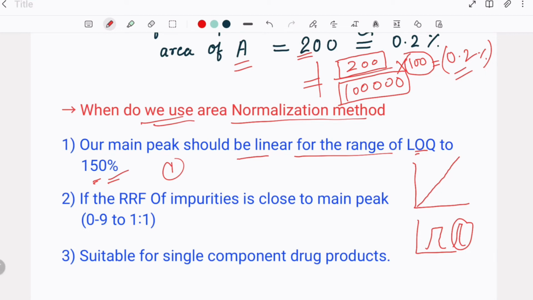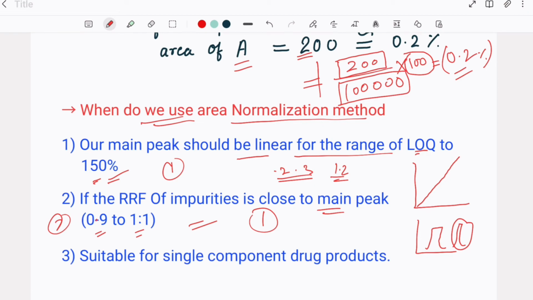The second criterion, and this is a very important one, is that the RRF of the impurities should be close to the main peak, meaning it is 0.9 to 1.1, just close to 1, then only this method is applicable. It means if there is a big difference in RRF, suppose we are getting 0.2, 0.3, 1.2, then it is difficult to determine the right percentage of impurities.